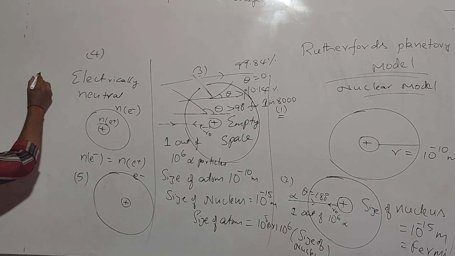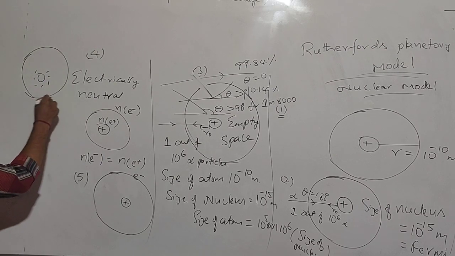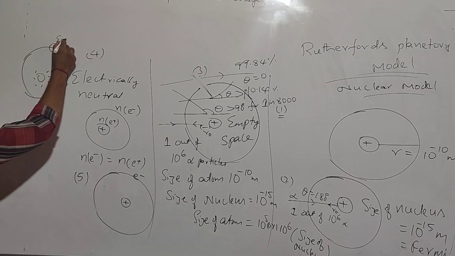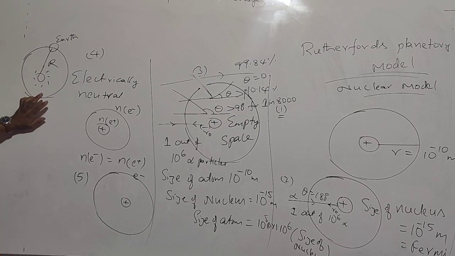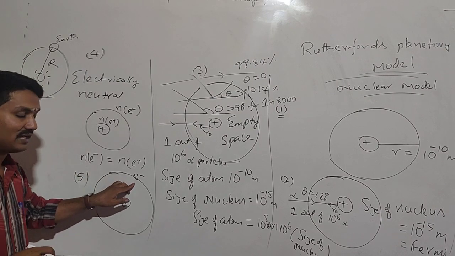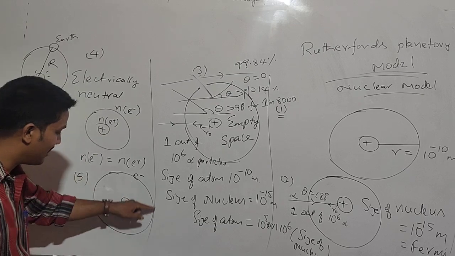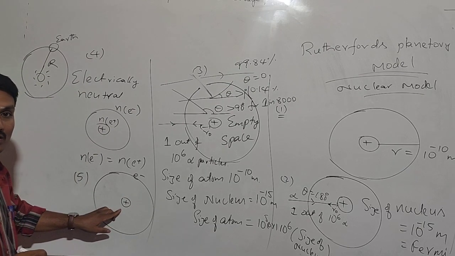Like this one is the sun and this one is the earth, with the attraction between them. Just as the earth revolves around the sun, in a similar manner the electron revolves around the nucleus in a proper orbit.